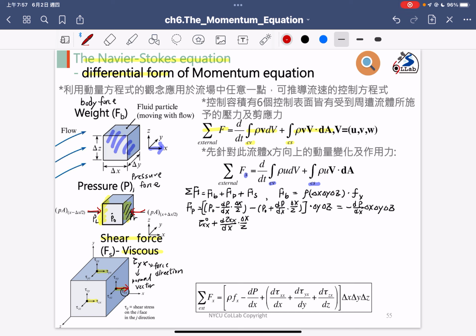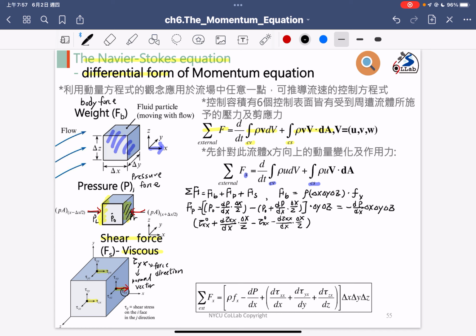So here it is positive, and minus the left hand side: tau x0 minus d tau x x dx times 2 over delta x.